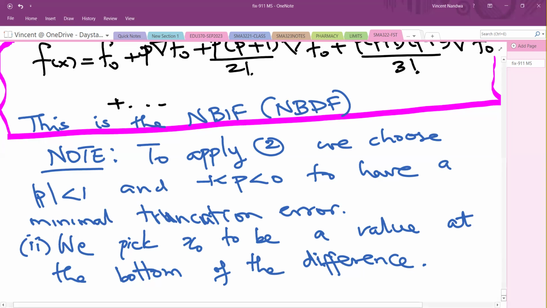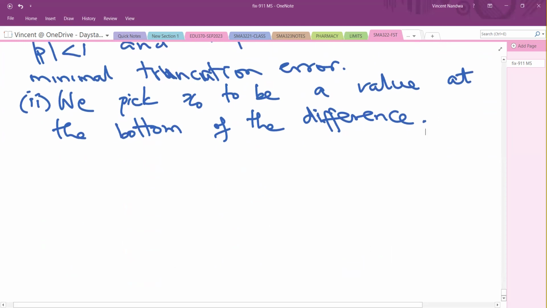So let's demonstrate how we can apply the two different formulas to solve an actual problem.